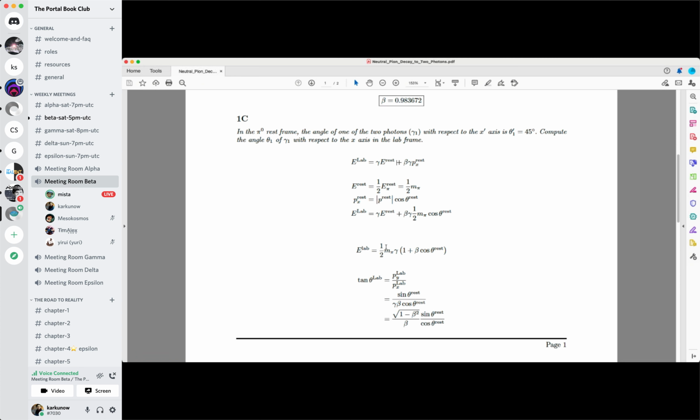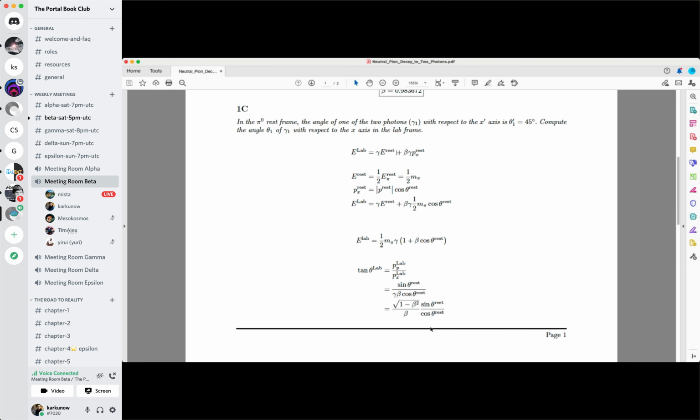And so we get similar expressions to this here. What we end up with is that some things cancel, and we can write tan theta lab in terms of tan theta rest. I end up with this expression using the betas.